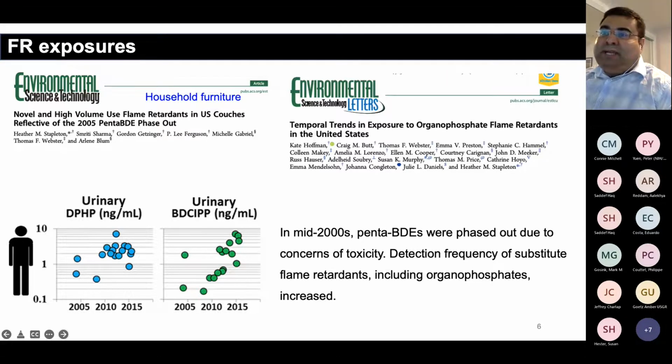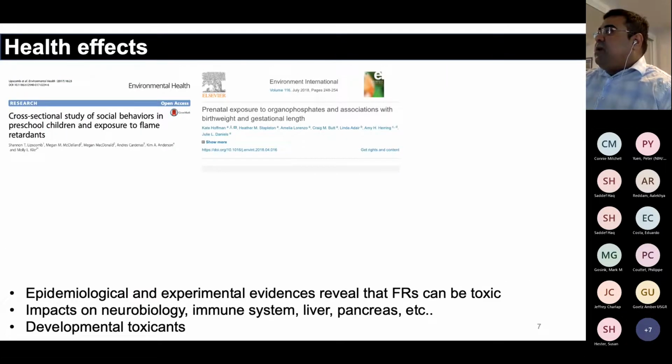So you can see, since the previous PBDEs were phased out and the organophosphates came into prominence, the metabolites of organophosphates such as DPHP and BDCIPP have increased in urine samples from humans almost 100 times between 2005 and 2015. And this suggests that there is an increase in exposure over this time to these organophosphate flame retardants.